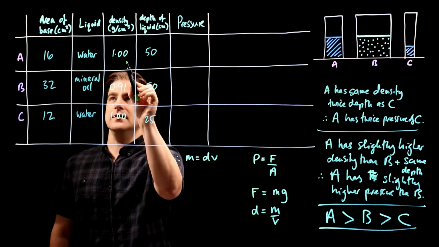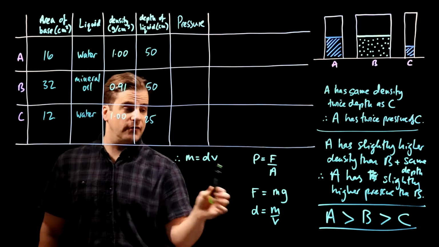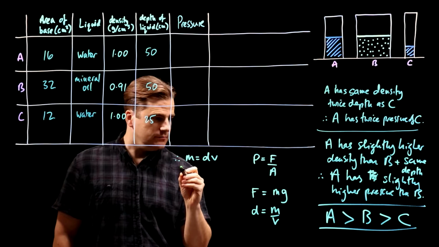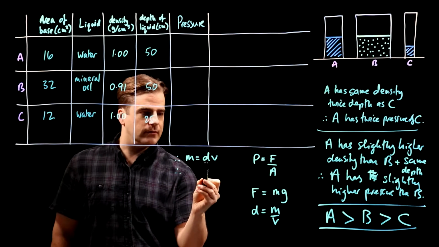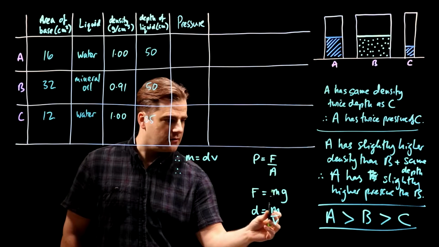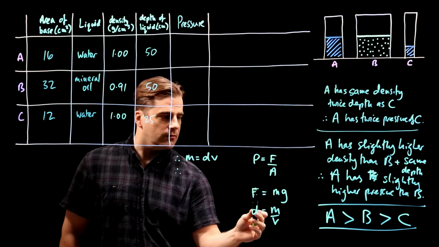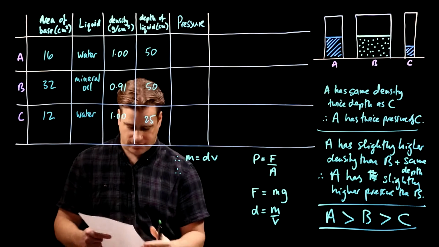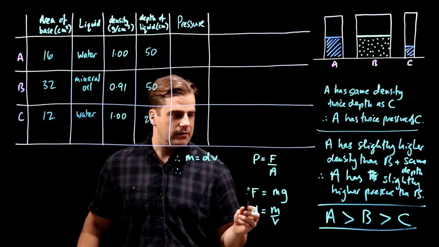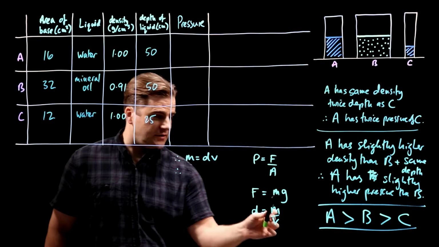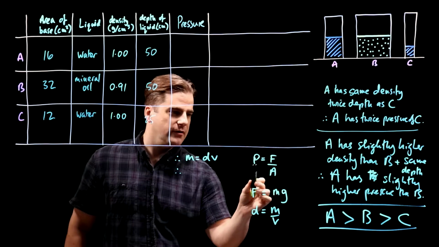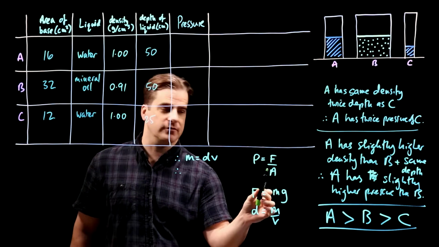We know the density, and we know the volume because it's depth times area. So, right, we know the mass. The force is that which is known, and g we know, right? So we can work out the pressure because we know the area as well.